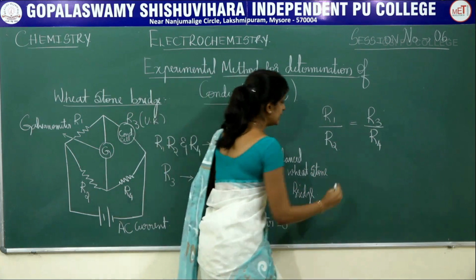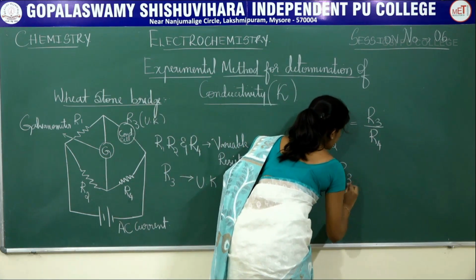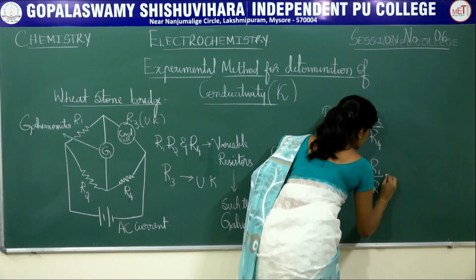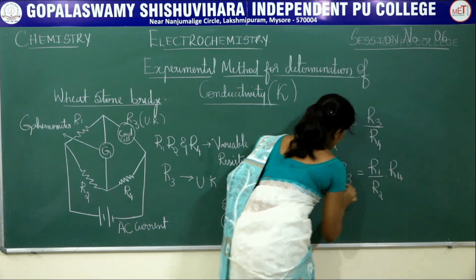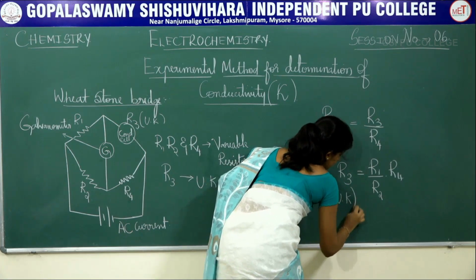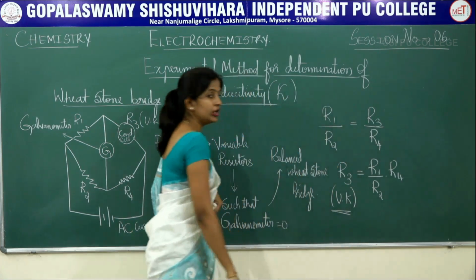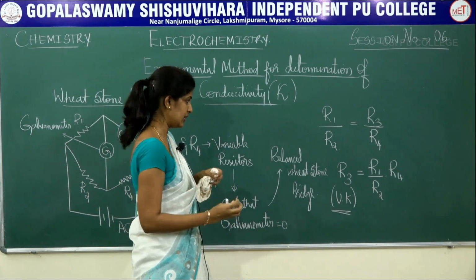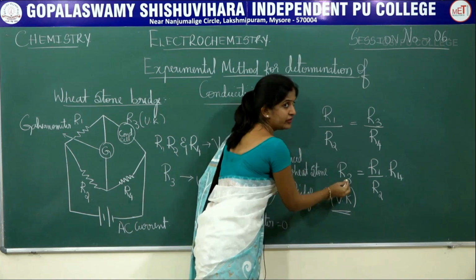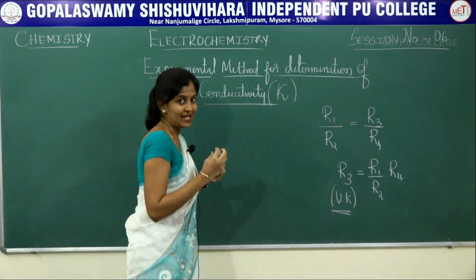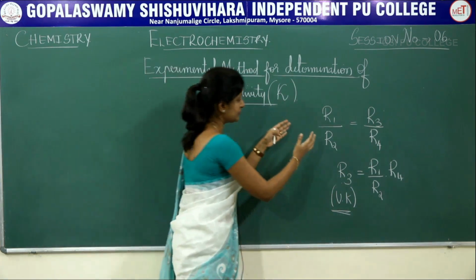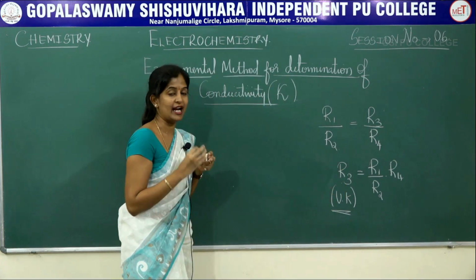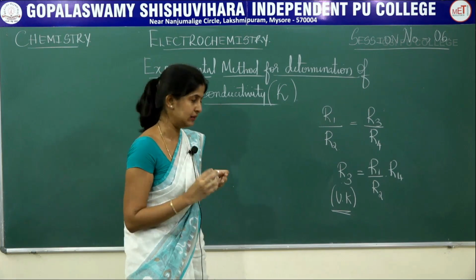As a result, you can calculate R3 is equal to R1 by R2 into R4. So what's your R3? It's your unknown. So you get the resistance of your electrolyte that is present in your conductivity cell. That's your R3. So by balancing the Wheatstone bridge and applying this formula, you have calculated R3, that is, the resistance of your electrolytic solution taken in the conductivity cell.